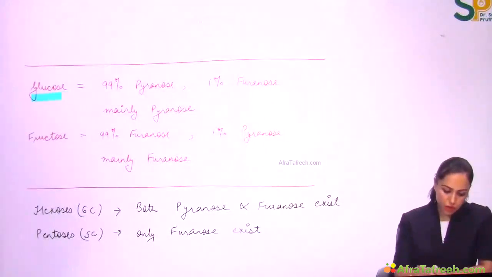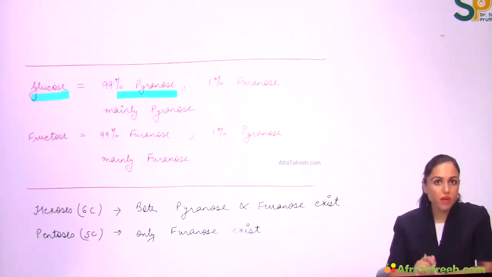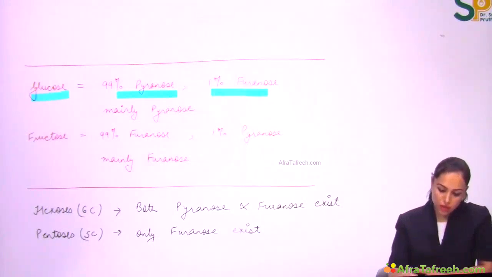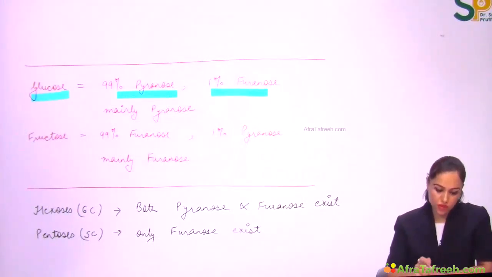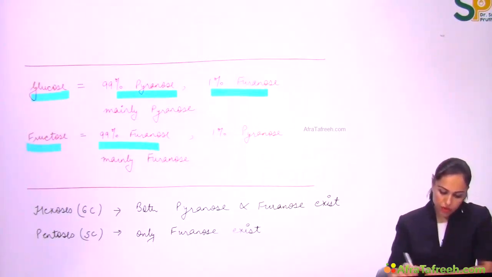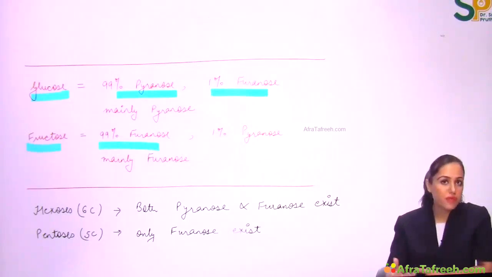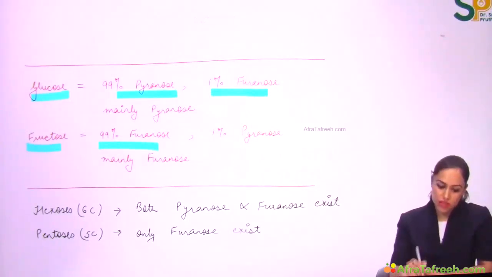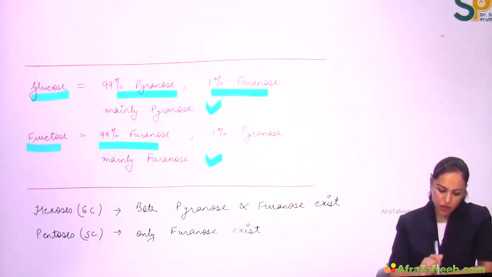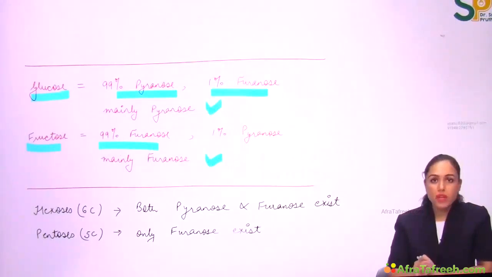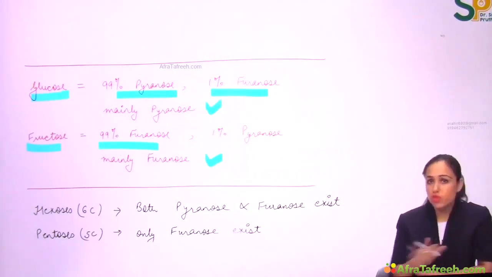Now, in case of glucose, it is mainly pyranose, 99% pyranose, but 1% furanose also exists. But in case of fructose, it is the opposite, 99% furanose and 1% pyranose. So I will say glucose is mainly pyranose, fructose is mainly furanose, but I'm not saying only. Glucose is not always pyranose.